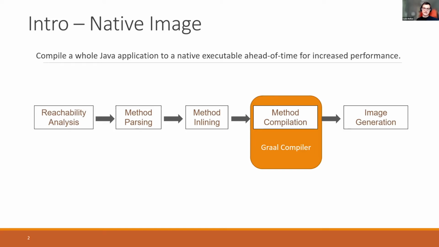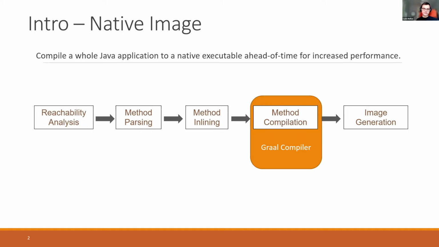So after the compiler outputs executable code, it is packaged into an executable during the image generation process, along with the minimal runtime called the substrate VM, which Christian also mentioned.